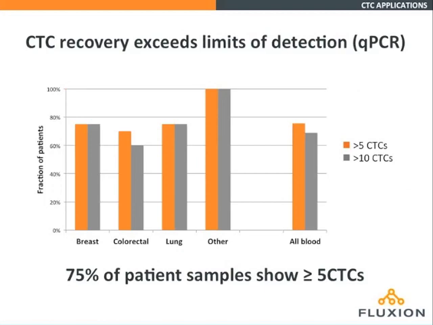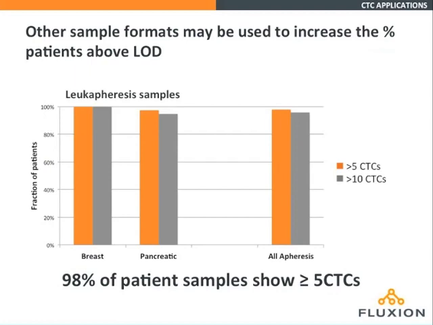There are also a significant number of patients that have greater than 10 CTCs, and that's a better sample. It's a sample that's far above the limit of detection, so we can call mutations with confidence.